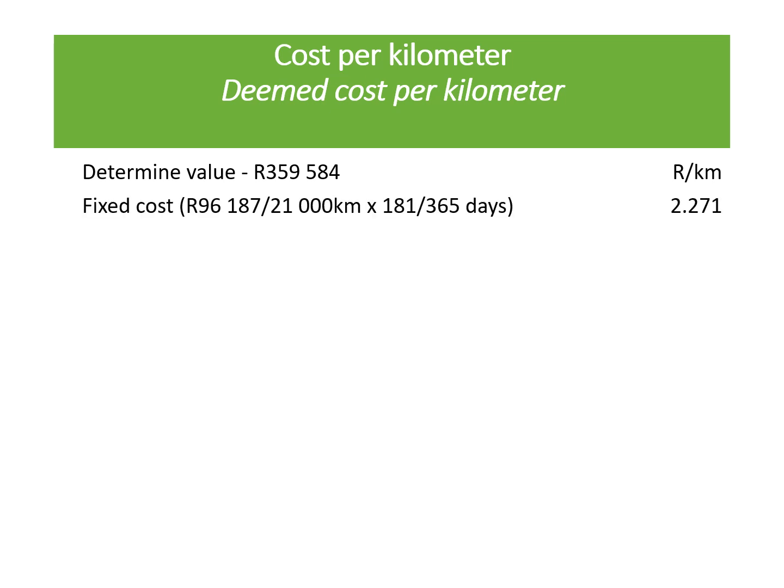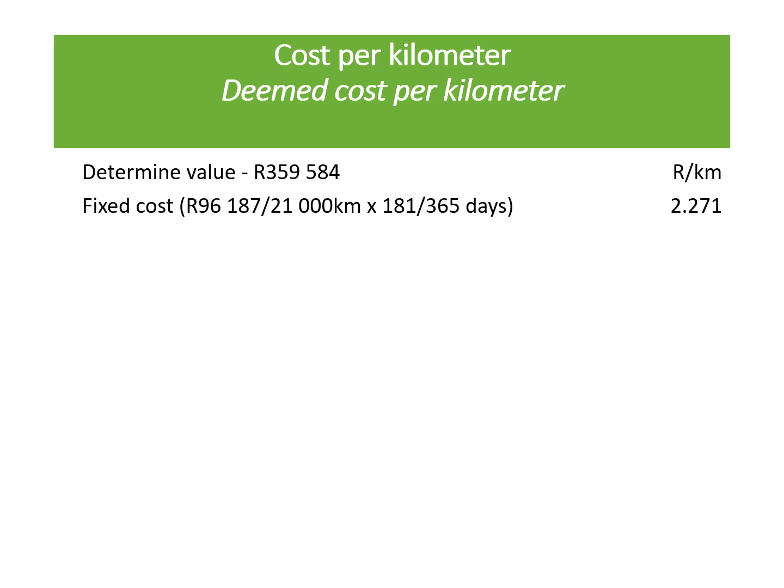So the fixed cost was given as 96,197 Rand, and that you have to divide by the total kilometers that was traveled during the period or year, which is the private and the business kilometers together, which was 21,000 kilometers.